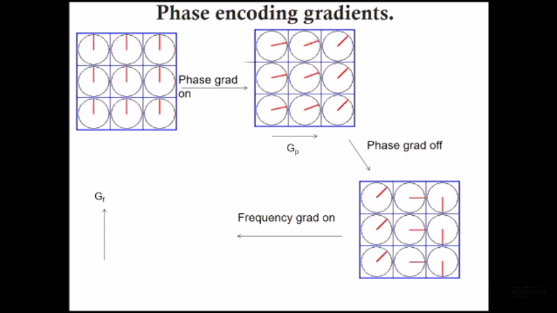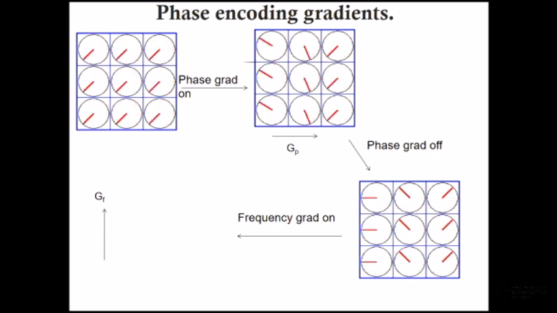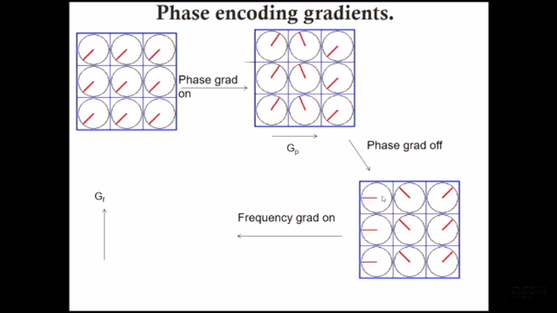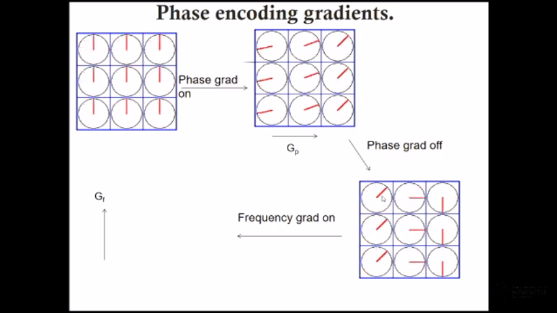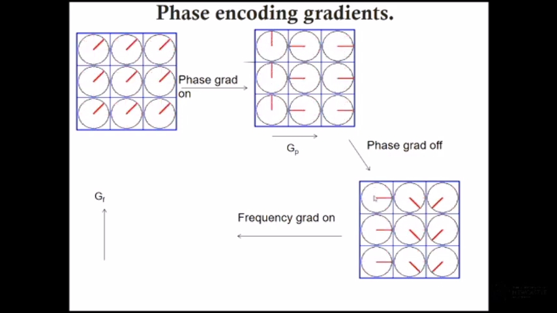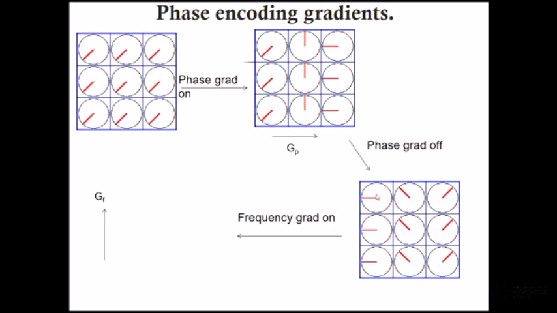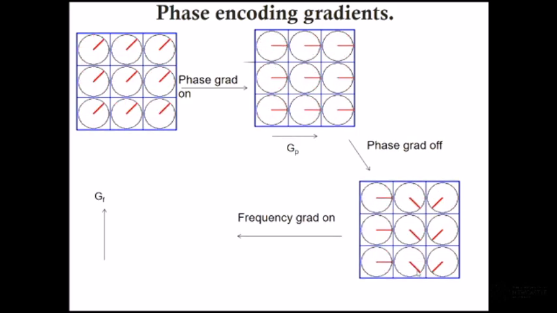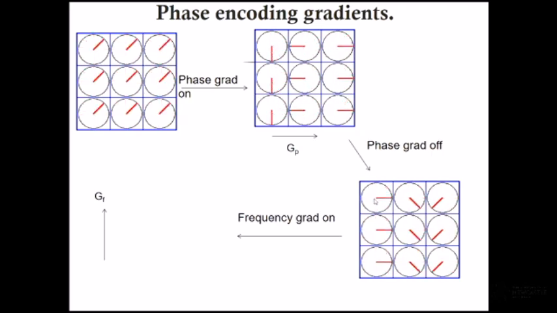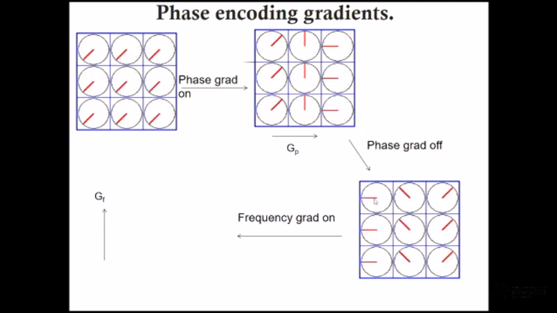Okay, so that's what we're doing. We're turning our phase and frequency gradients on, so that at any point in time when I collect that echo, I can say this pixel here, and we think of this as being our image, our acquisition matrix, has a very particular phase and frequency.